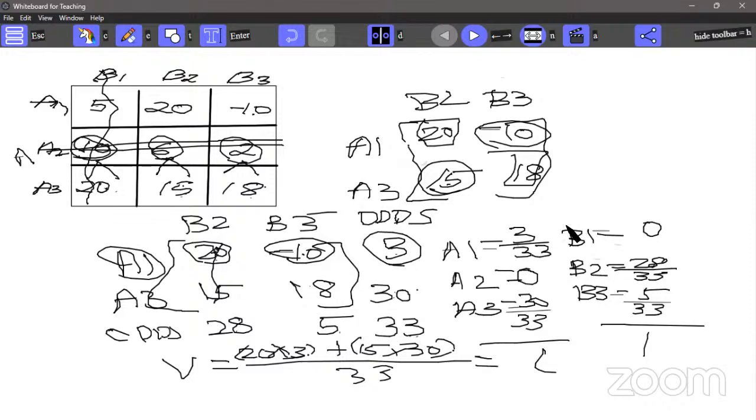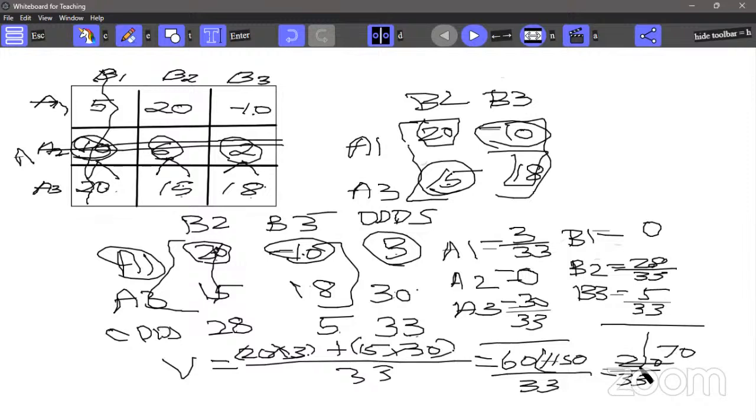If you don't believe me, you can check it for another row or column and see whether you get the same answer. How much is the value of the game? 60 plus 150 by 33.